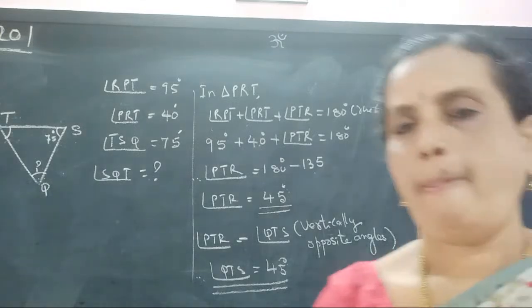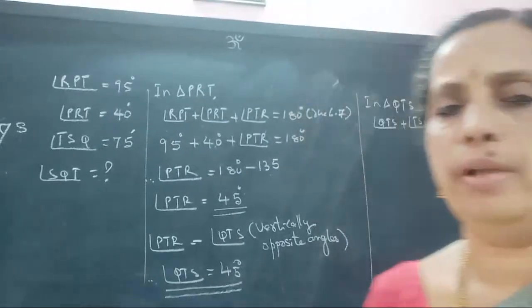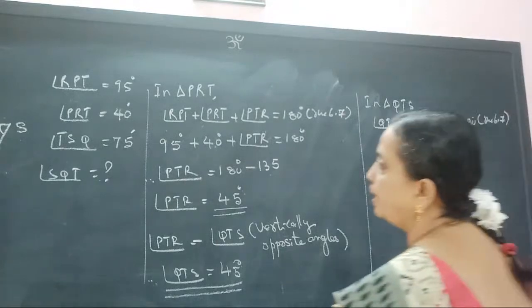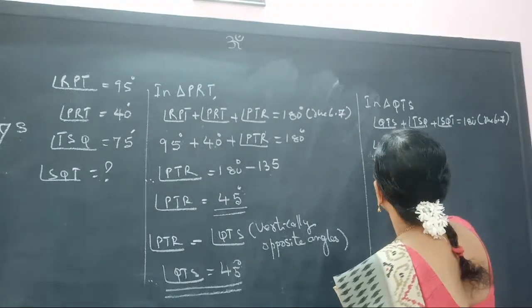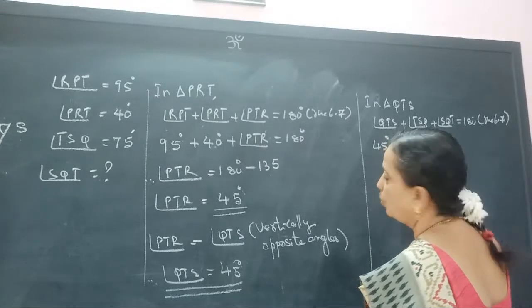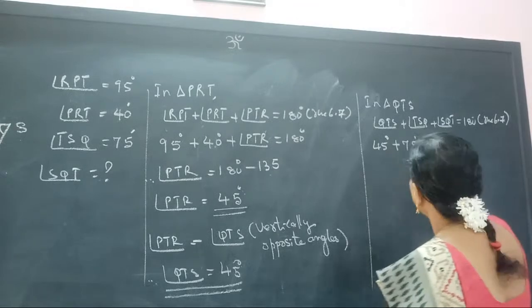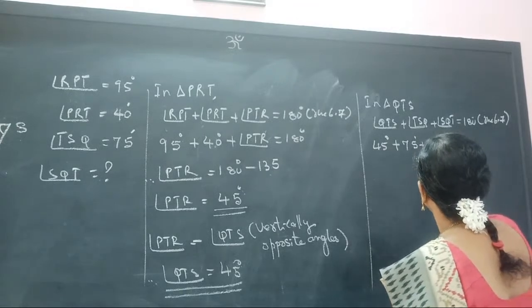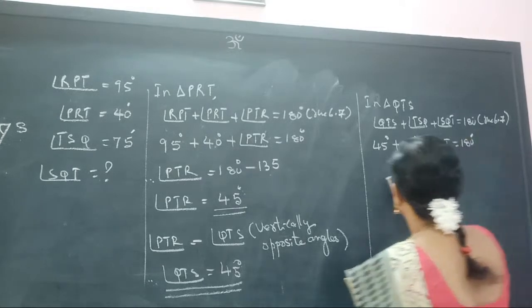Can you see? I'll just tilt this. Okay. So now QTS is 45 degree. TSQ is 75 degree. SQT we have to calculate, equals 180 degree.